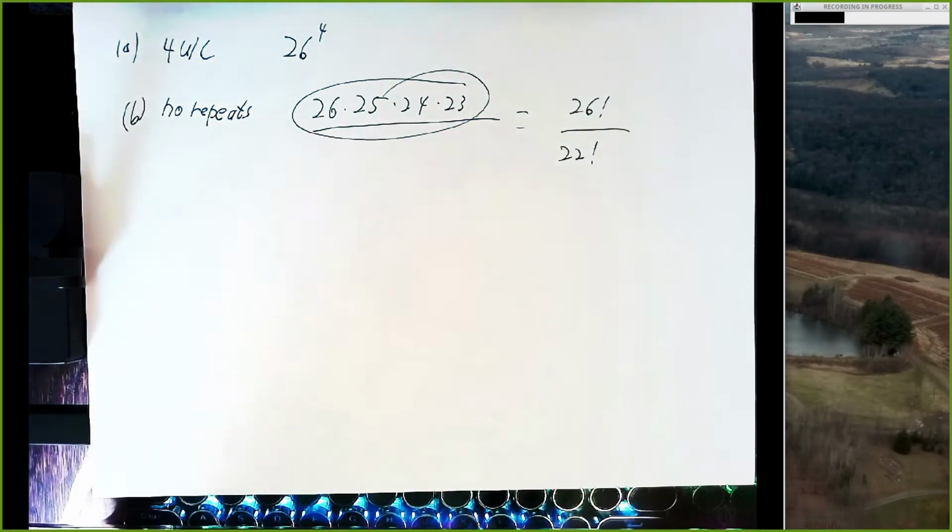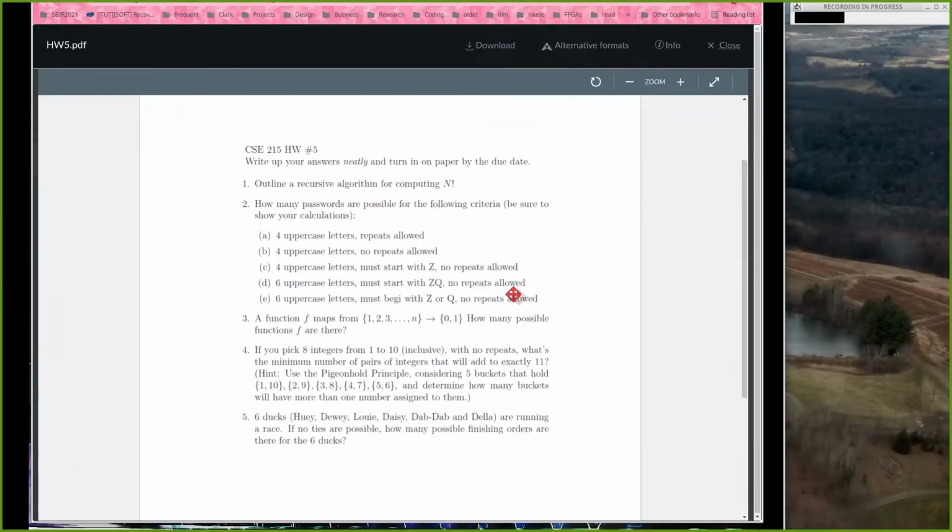But if you want to think of it in terms of permutations and combinations, this is saying the order in which these things are picked matters. So it's a permutation question. And we're trying to arrange 4 things out of 26. So this is P(26, 4).